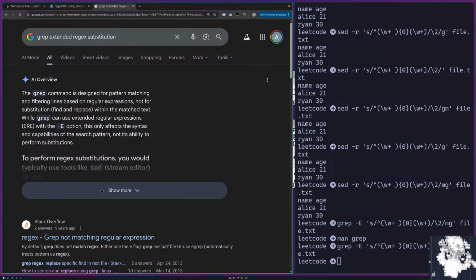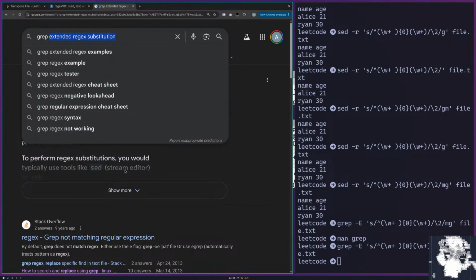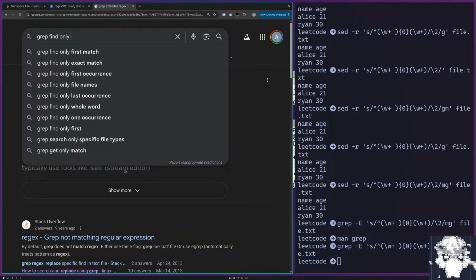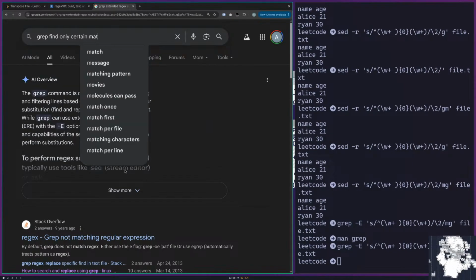Okay. Can I use grep to find only, yeah, a certain match?